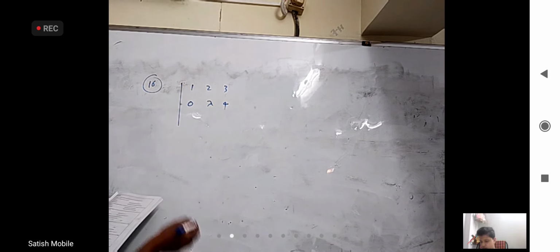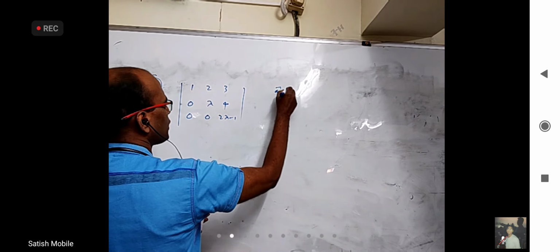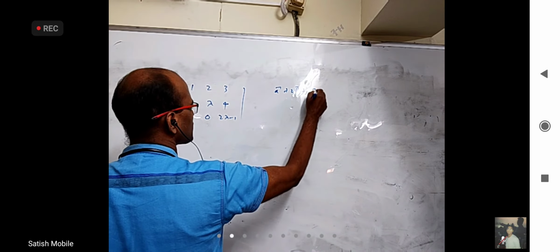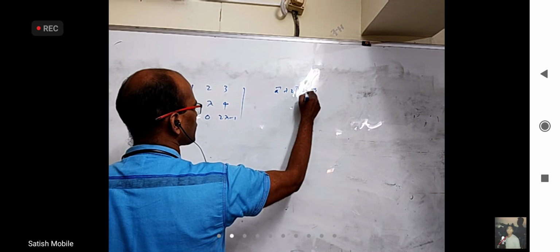So I write 1, 2, 3; second, 0 into a bar plus lambda b bar plus 4c bar, so 0, lambda, 4; third vector 0 into a bar, 0 into b bar, 2 lambda minus 1 into c bar, so 0, 0, 2 lambda minus 1.